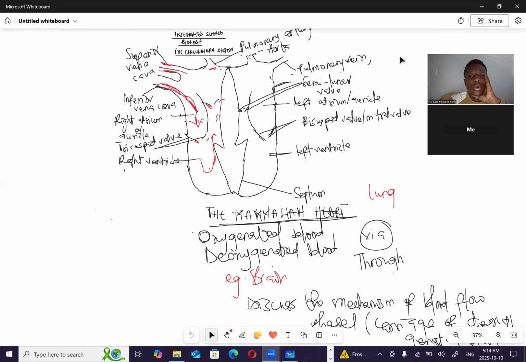Yesterday we had a rundown of the mechanism of blood flow from the left part of the heart, and I gave you an assignment.